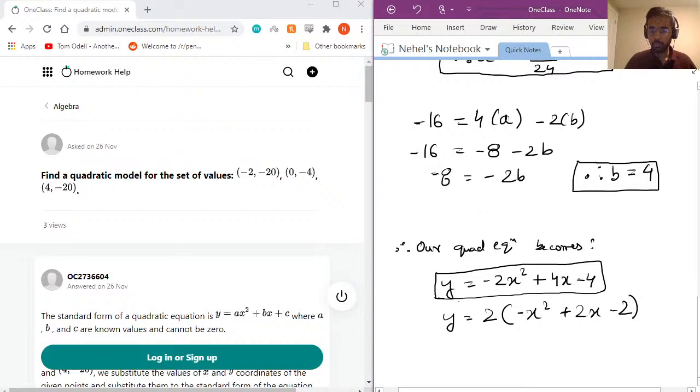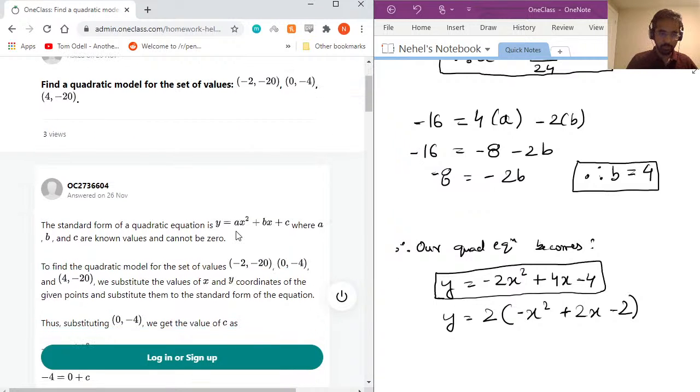Okay, so just to quickly recap, what we did in this question was we were given 3 points. We used each of those points to solve for the constants in our generic quadratic equation, which is y equals to ax squared plus bx plus c. Once we got the 3 constants, we can plug them back into the generic quadratic equation to find the final expression of the equation.